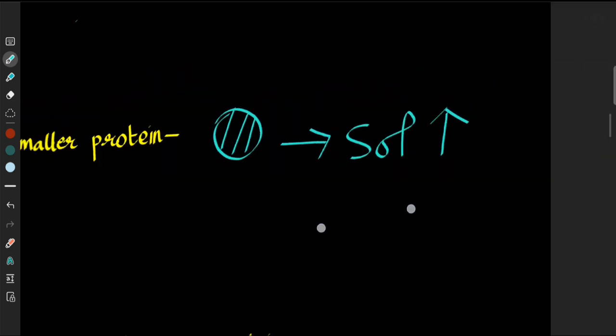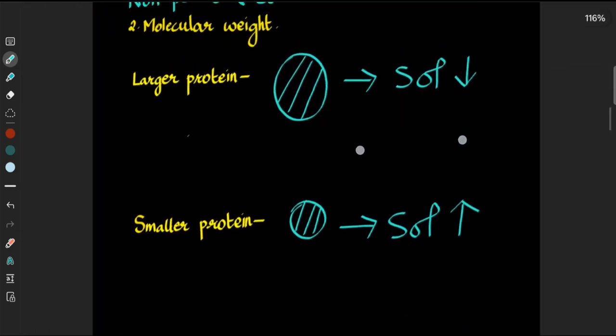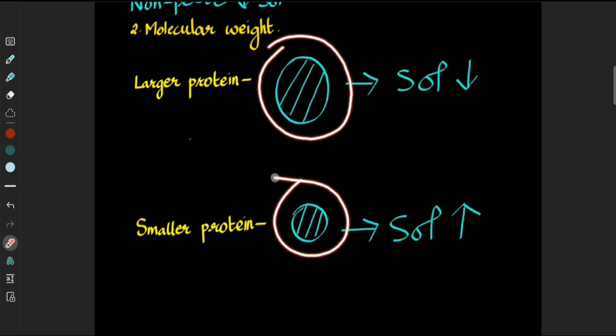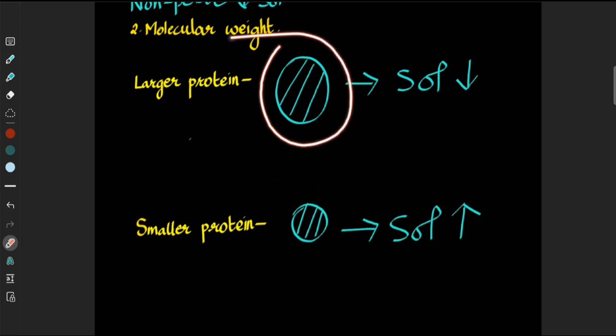Now why do you think this would be the case? It's because a larger protein can have a larger surface area, right? If you compare this surface area and this surface area, this is a larger surface area, and the larger surface area could have more hydrophobic amino acids present on its surface.